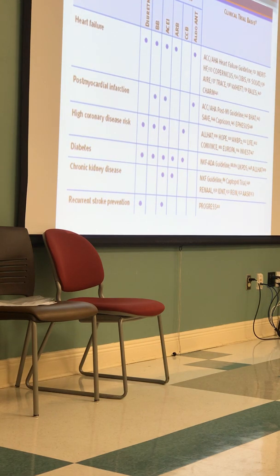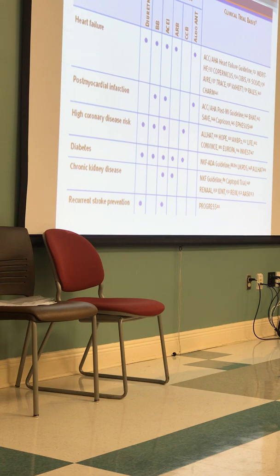Compelling indications tell us that if your patient comes in and they had an MI, and now they have a touch of heart failure, and they're African American, you're not going to start them on a calcium channel blocker and a thiazide diuretic first.